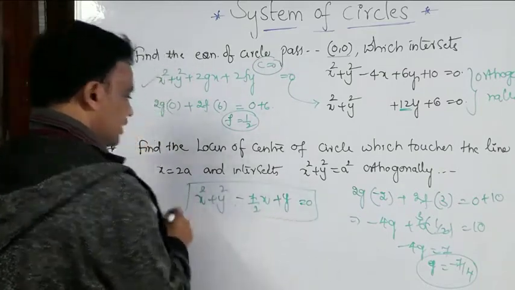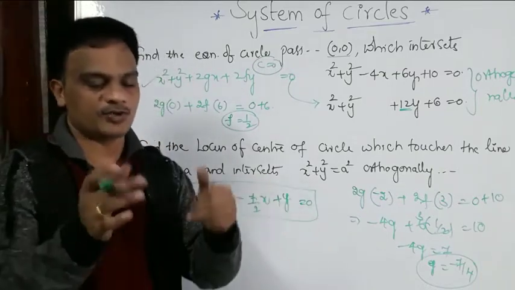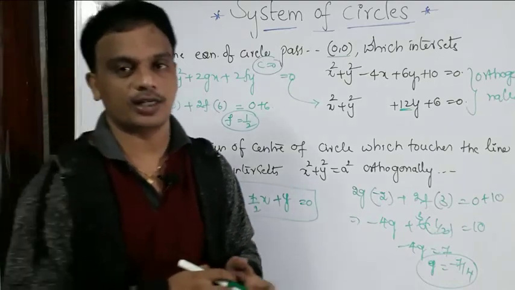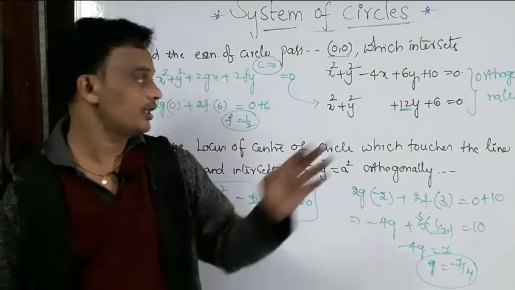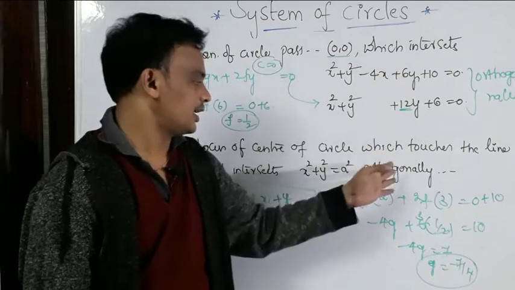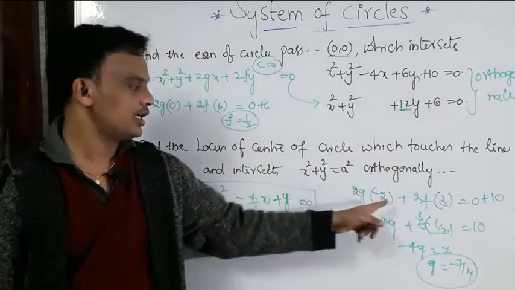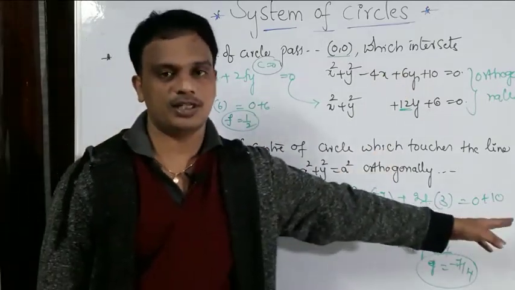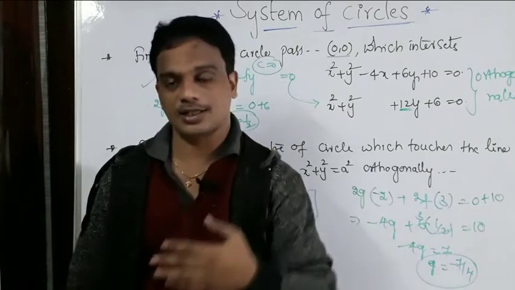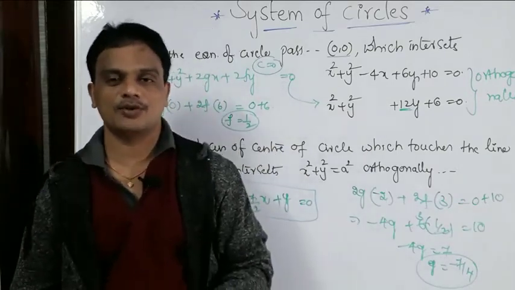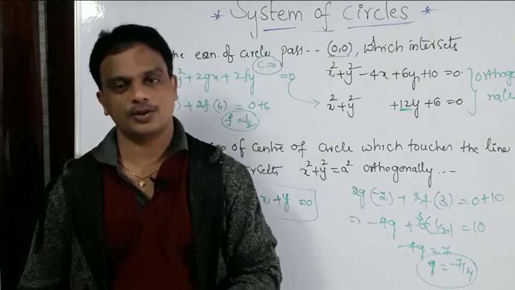Like this we will get the equations. Please focus on that. What is the condition for orthogonality? We can use two conditions. 2g g dash plus 2f f dash equals to c plus c dash. Or else, one more condition also there. What is that? D square is equals to r1 square plus r2 square.